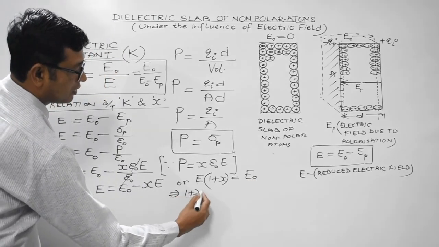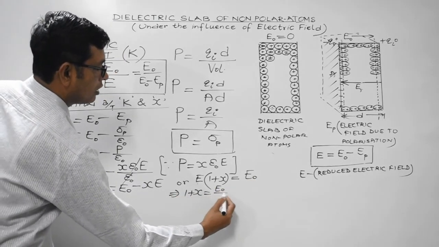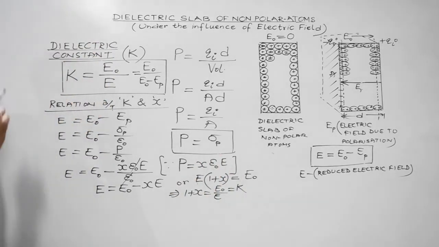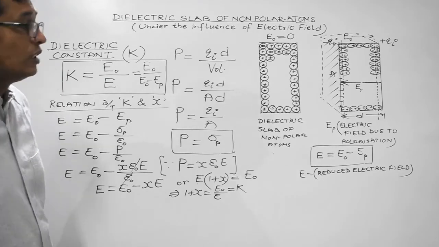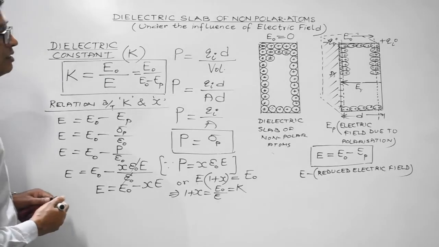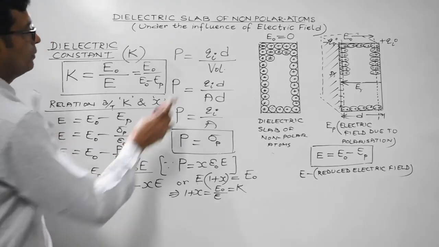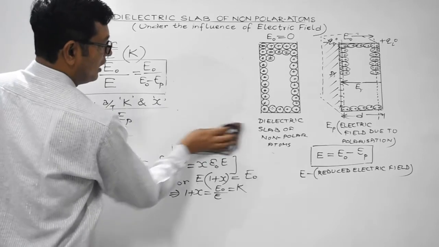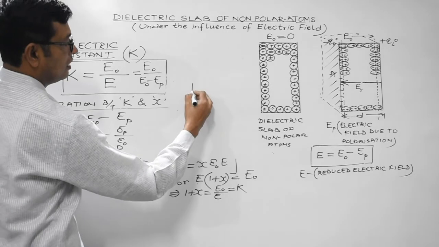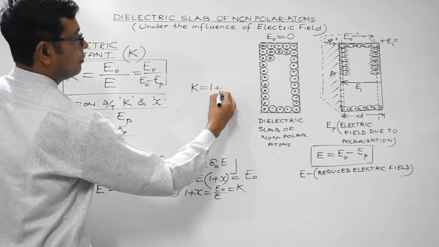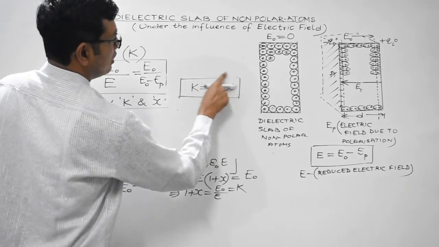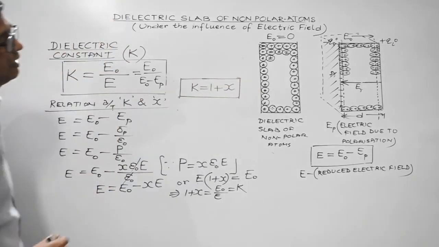Therefore 1 plus chi is equal to E naught divided by E, which is equal to K. So students, what is the relationship between dielectric constant and electric susceptibility? It is K is equal to 1 plus chi.